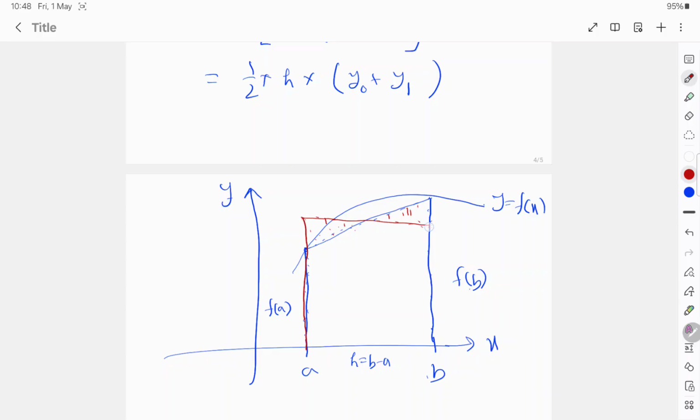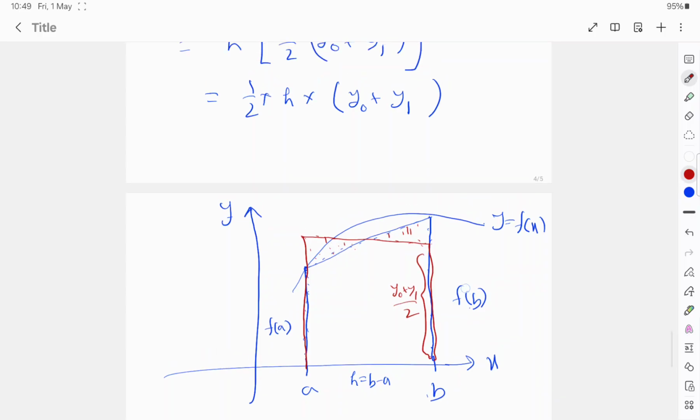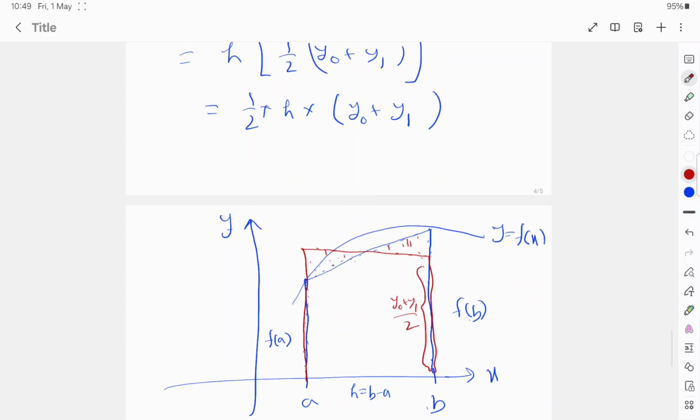So this height is basically y0 plus y1 by 2, and overall you are getting this formula. You know the trapezoidal area formula also. So the formula becomes h by 2 into y0 plus y1, or in terms of f, this is h by 2 into f(a) plus f(b).